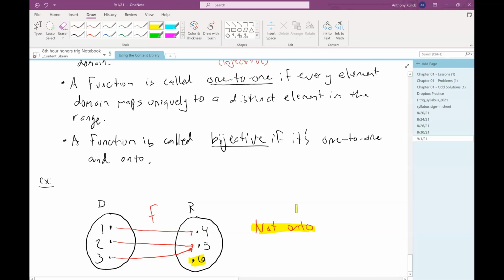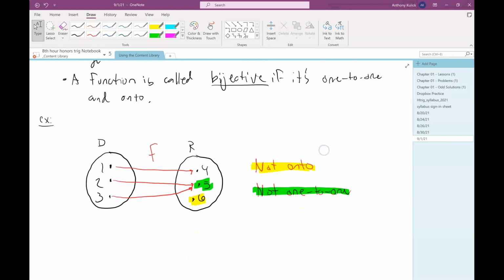I also say that this is not one-to-one because I have two x values that go to the same y value. Does everybody feel okay about looking at a mapping diagram and being able to pick out if something's one-to-one and onto? It's pretty easy, right?